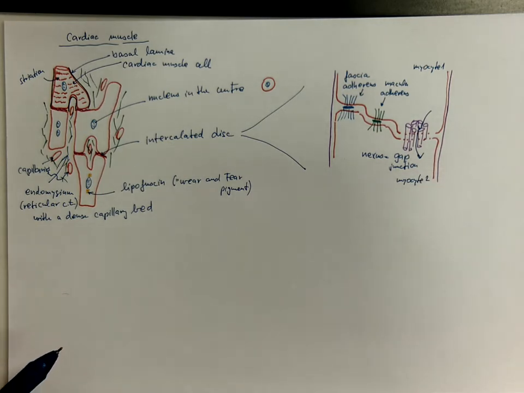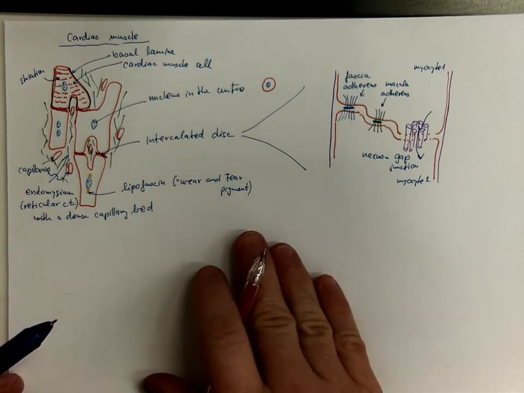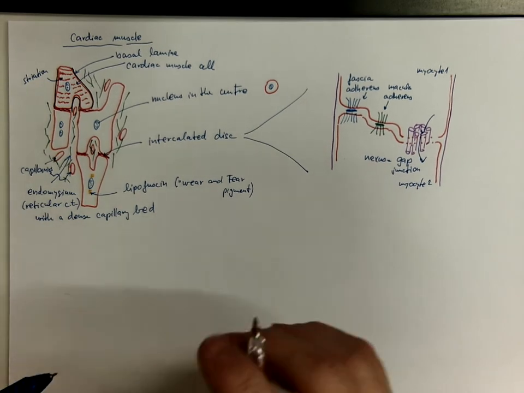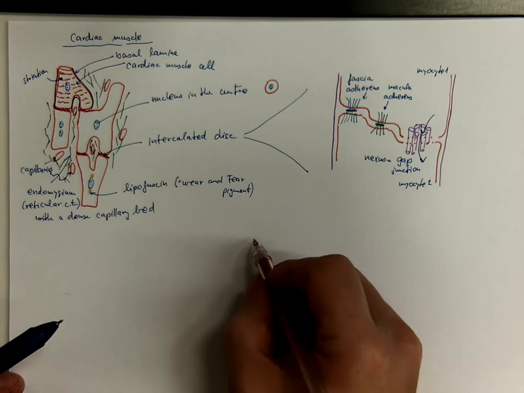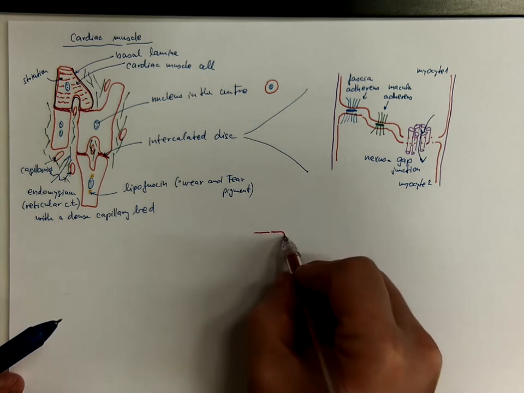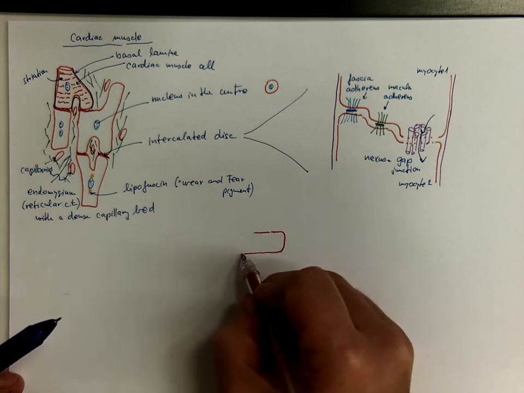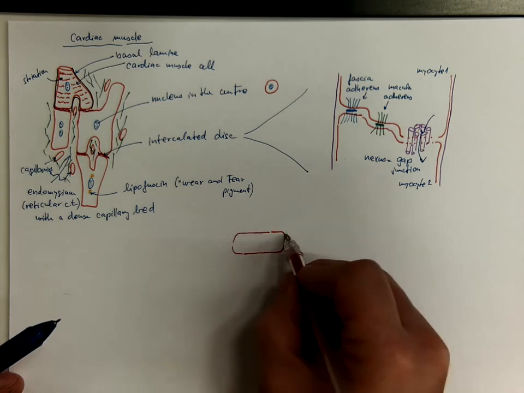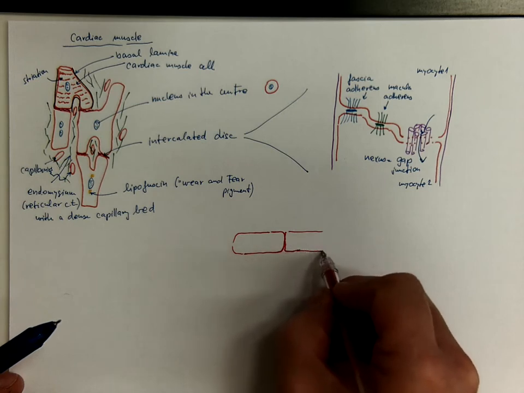If you look in this subendocardial region of heart ventricles, you'd find specialized cardiac muscle cells called Purkinje fibers.